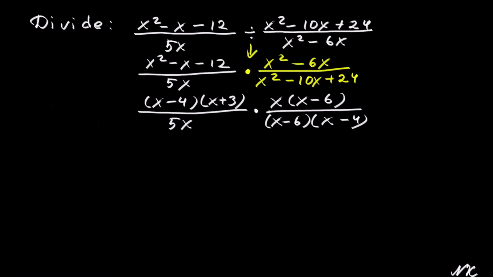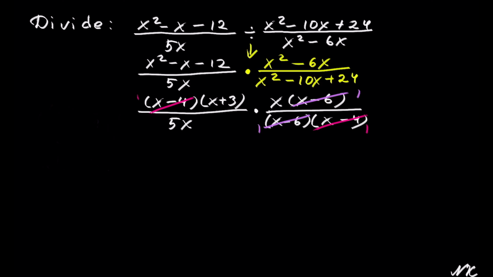So we can cancel x minus 4 and x minus 4. We also have x minus 6 in the second numerator, which can be evenly divided by x minus 6 from the second denominator. So they cancel into 1. X minus 6 out of x minus 6 is equal to 1 out of 1.